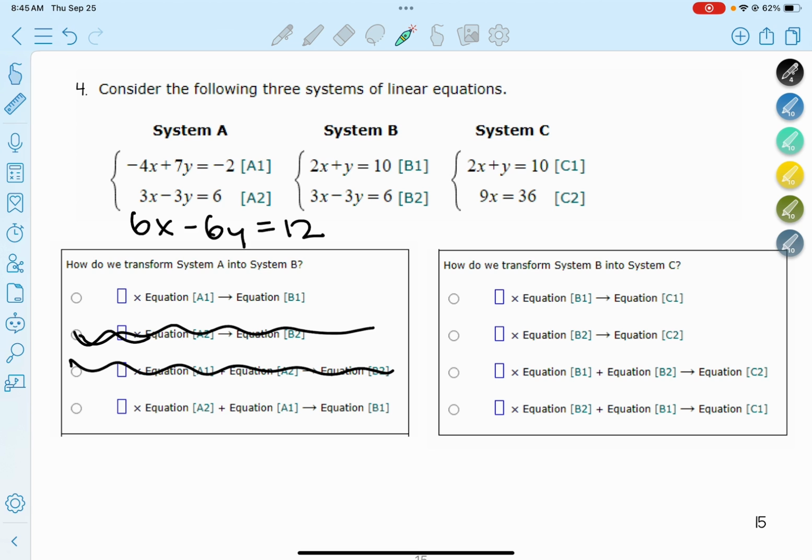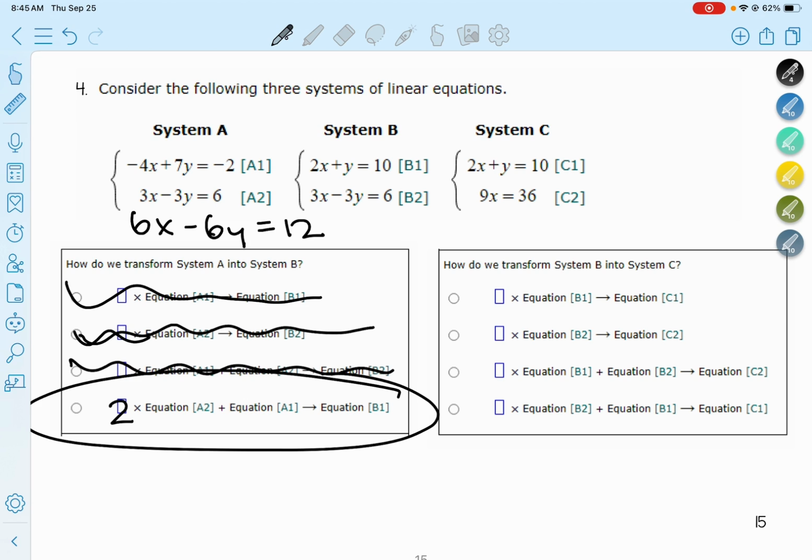And if we look, when we add these together, negative 4 plus 6 is in fact 2x, 7y plus negative 6y is just y, and negative 2 plus 12 is 10. So in fact, they didn't just multiply by the 2, they multiplied by 2 and then added it back to equation 1 to get the resulting equation of B1.